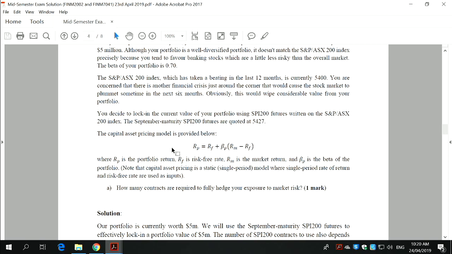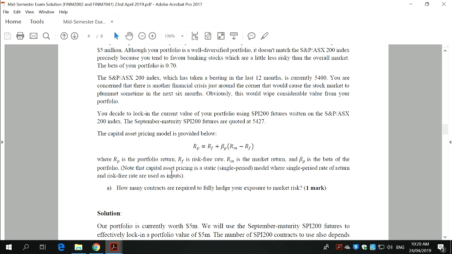In the first draft of this exam, I did not give you this formula, but I thought you probably forgot this CAPM formula from Foundations of Finance, so I still put it there. I also wrote a little note to remind you that the capital asset pricing model is a static model. What do I mean by that?